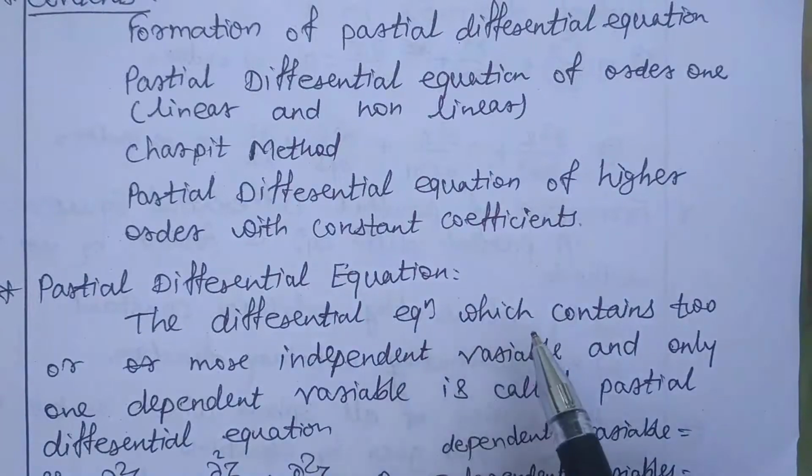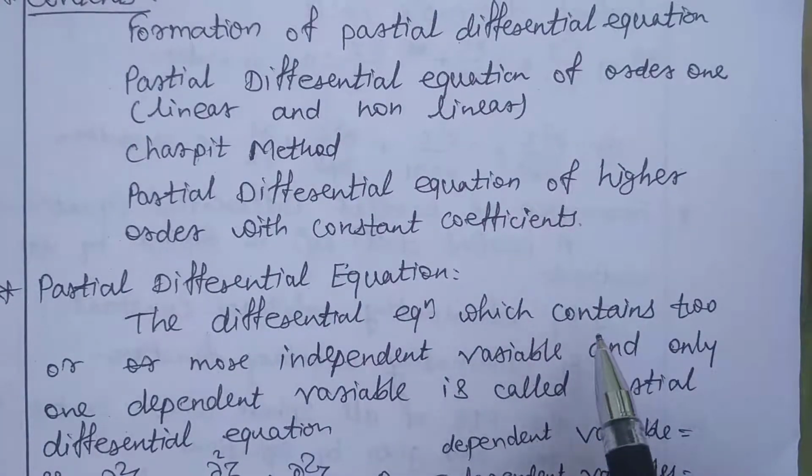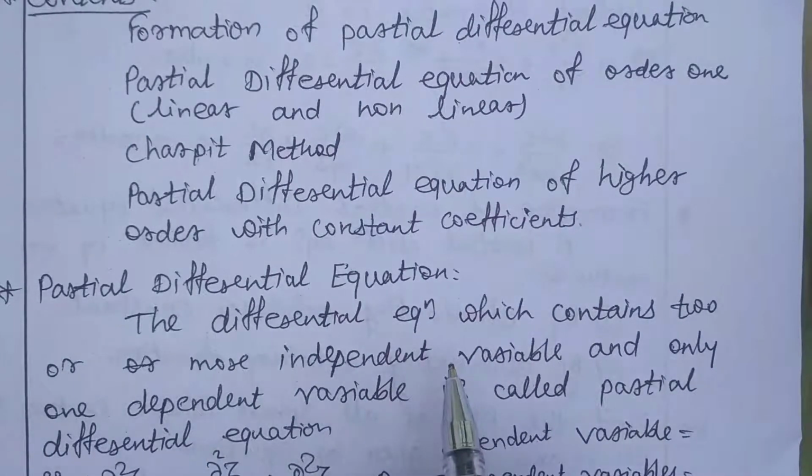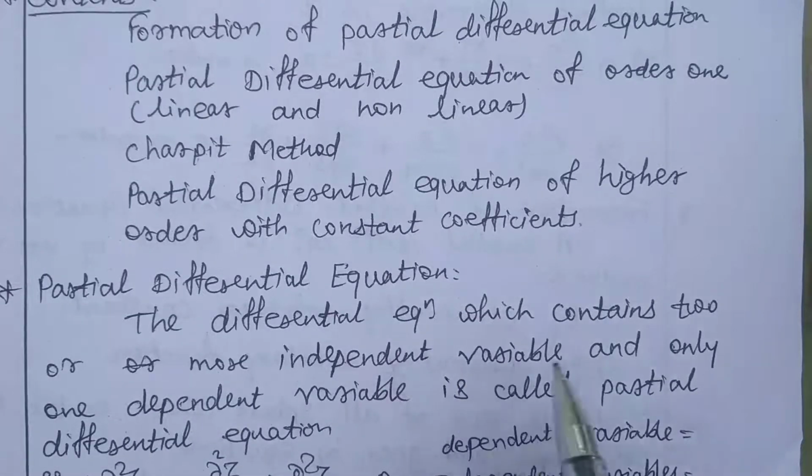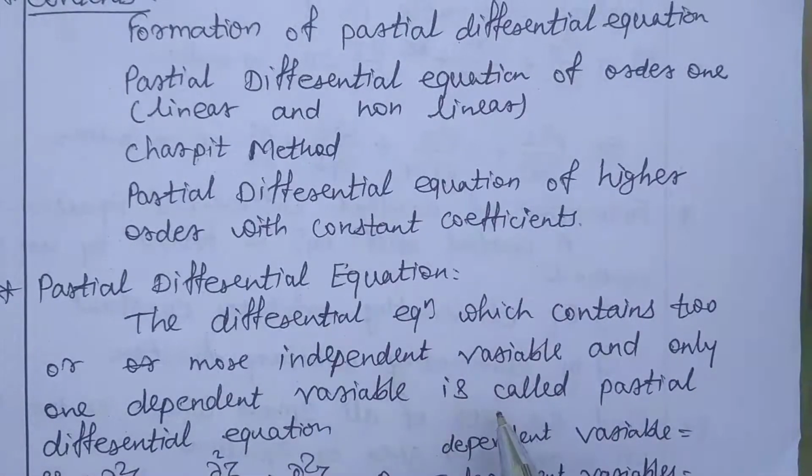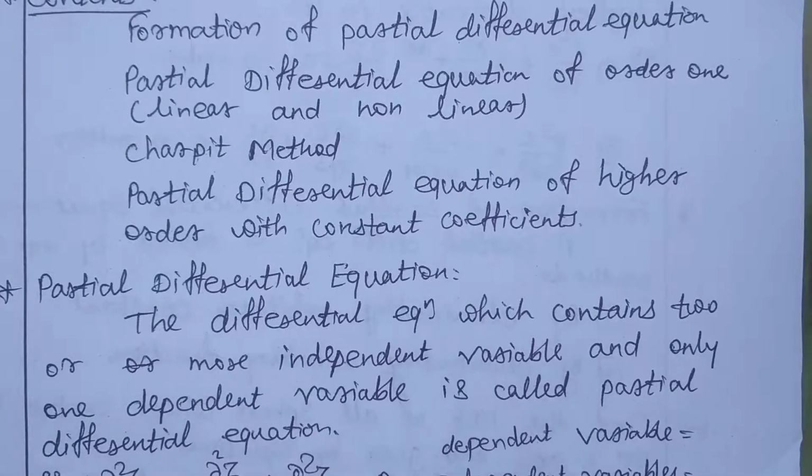The differential equation which contains two or more independent variables and only one dependent variable is called partial differential equation. We know that there are two types of differential equation: one is the ordinary differential equation and the second is the partial differential equation. In ordinary differential equation there is only one dependent variable and only one independent variable.